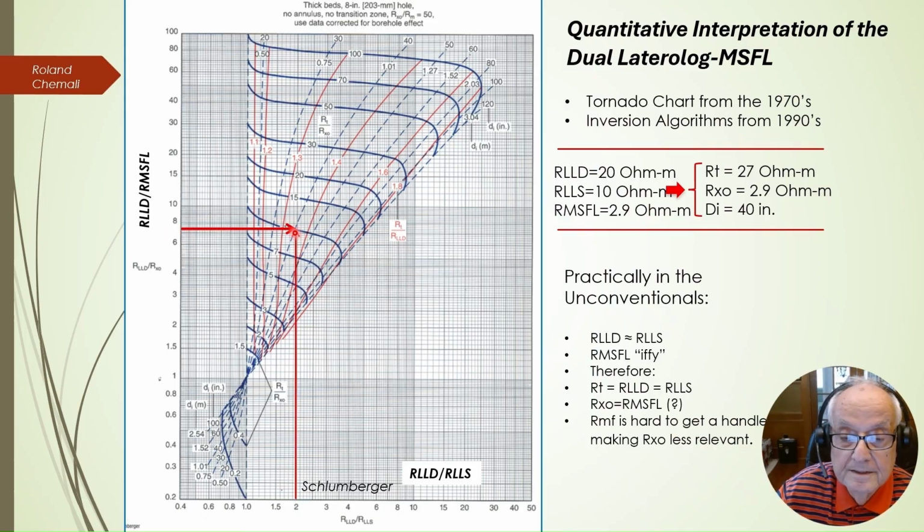You get this point here, which tells you that Rt is in fact 27 ohm-meters, so it's higher than both RLLD and RLLS, and it tells you Rxo is exactly RMSFL, and you get the invasion diameter. That tool had a lifetime of about 30 years, and you will still find dual lateral log logs in the files.